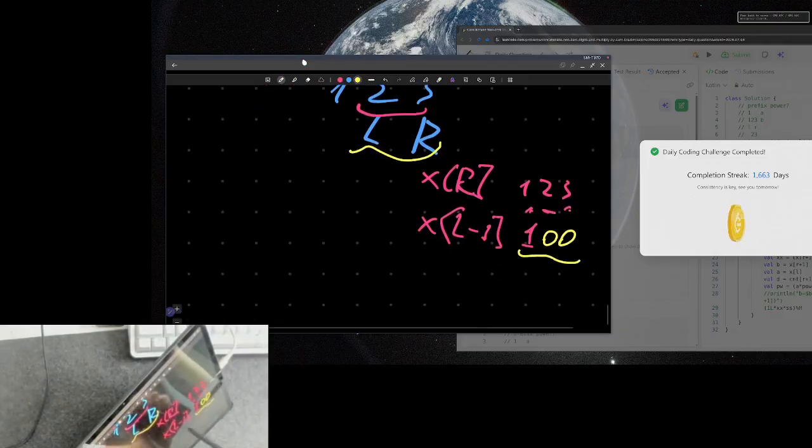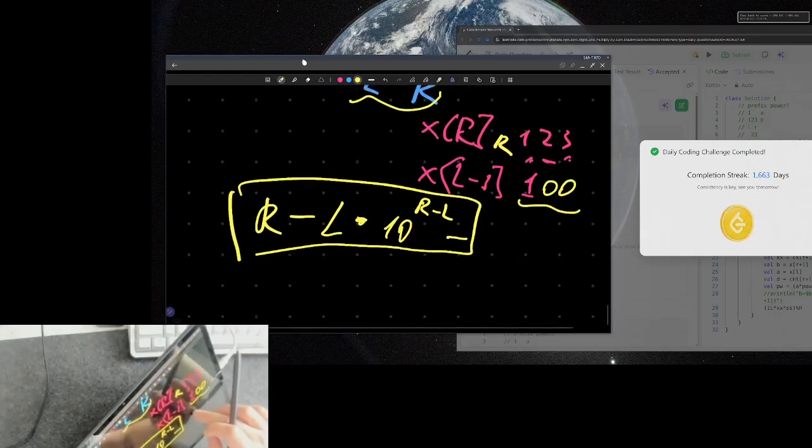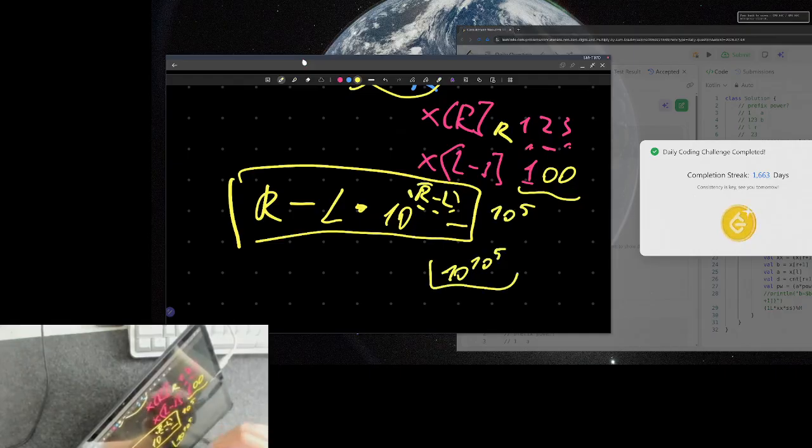So basically this is the left, this is left times 10 to the power of right minus left, and this is the right. Right minus this, this is the formula. And as we have very long strings, r minus l can be 10 to the power of 5, so it would be 10 to the power of 10 to the power of 5, very big.